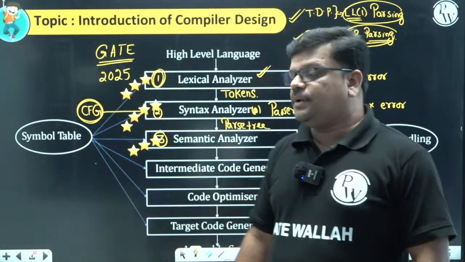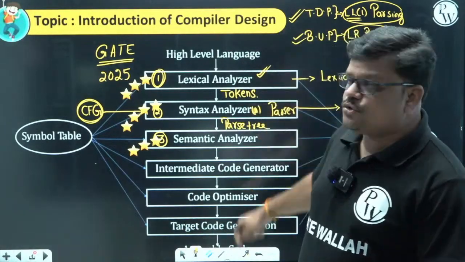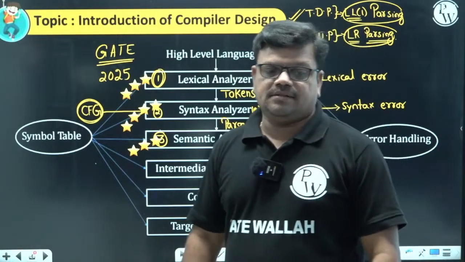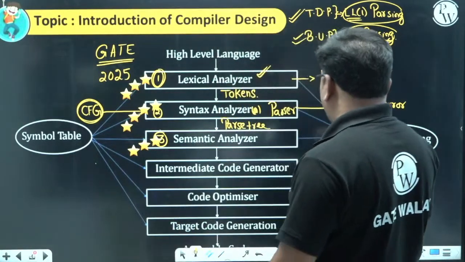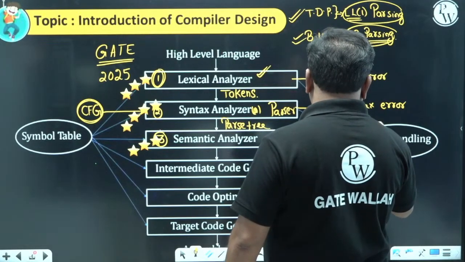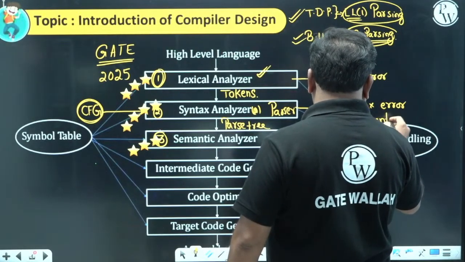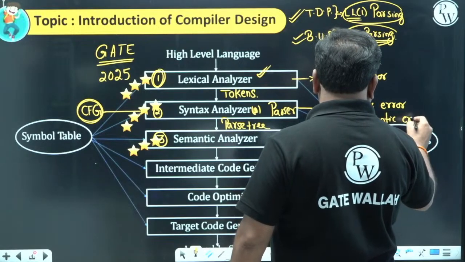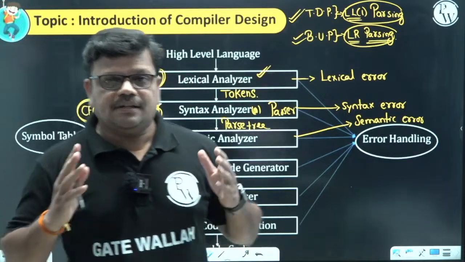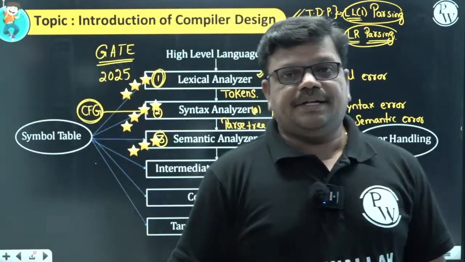The third type of errors, because syntax analysis doesn't have the capability to detect some more errors, are called semantic errors. That's why, in order to identify semantic errors, we need to design a phase called the semantic analysis phase. So these are the three types of errors.